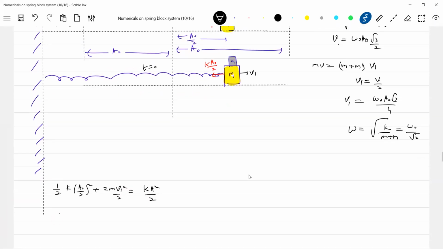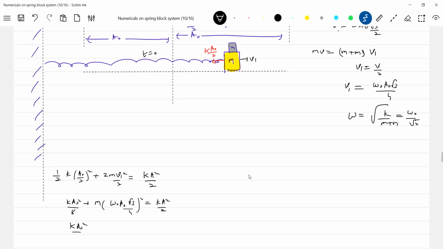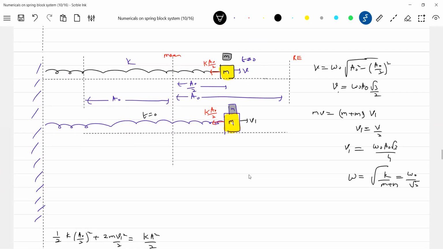The next step, of k, this will become 8. v1 square will be omega naught A naught square times 3 by 16. m omega naught square, what can you write it as?